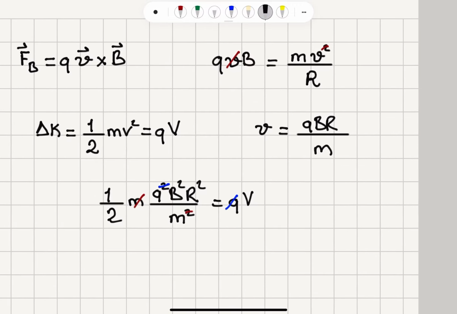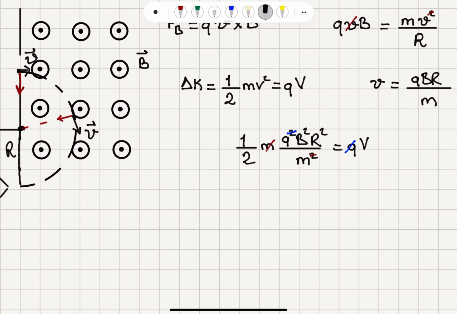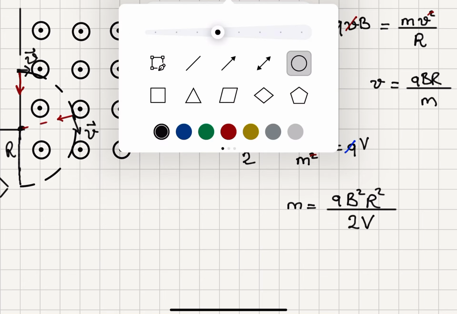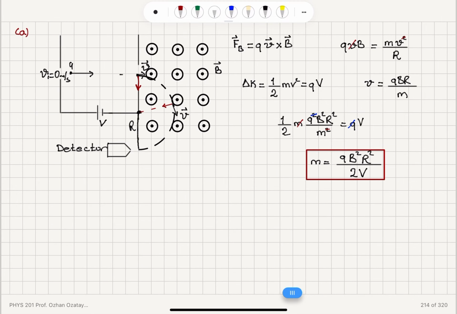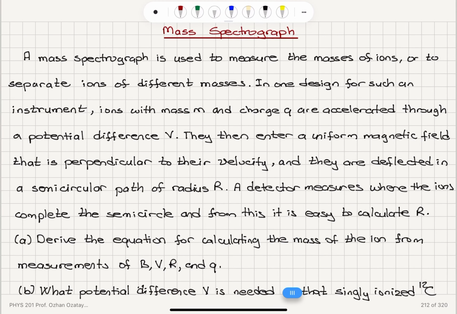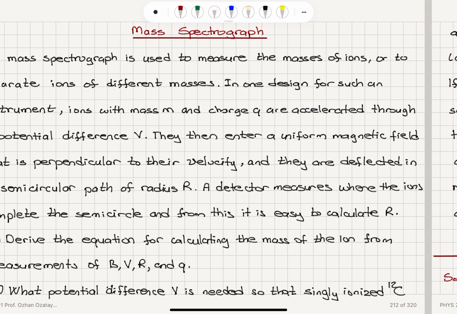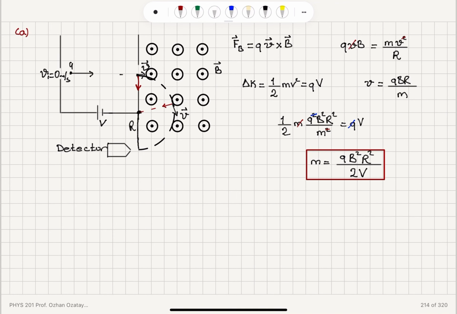And I will find that the mass of this ion can be written as m is equal to Q B squared capital R squared divided by twice the potential difference V. So that's the mass of the ion. So in part A, we were asked to find the mass in terms of B, V, R, and Q, and that's what we have found here.